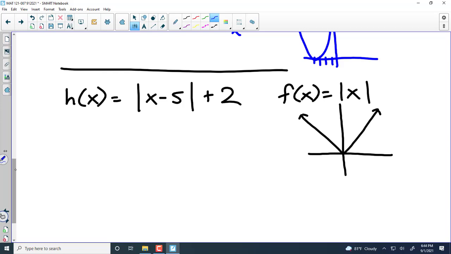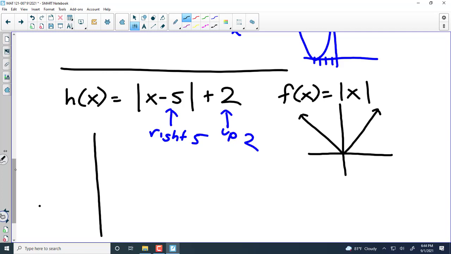It's been done a horizontal shift and a vertical shift. This right here means it's going to go up 2. What does this mean? Left 5 or right 5? Right 5. That means the new graph for this one would look something like this. The whole graph's been moved up 2 and right 5.